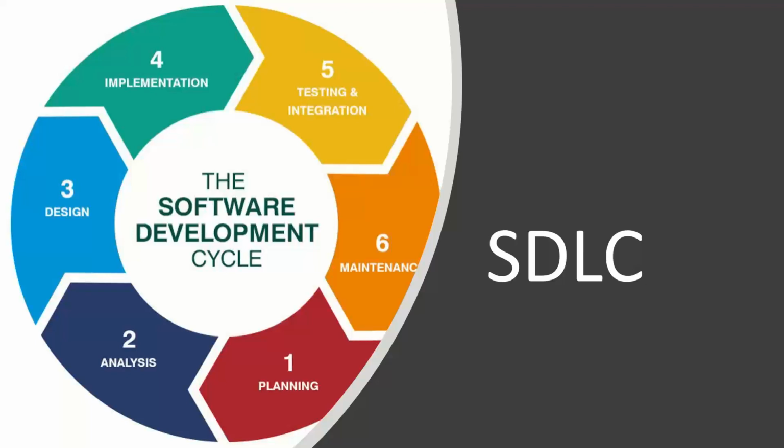What do you see here? This is SDLC, the software development life cycle. It consists of multiple phases. There are six phases: it starts with planning, analysis, design, implementation, testing, and maintenance.